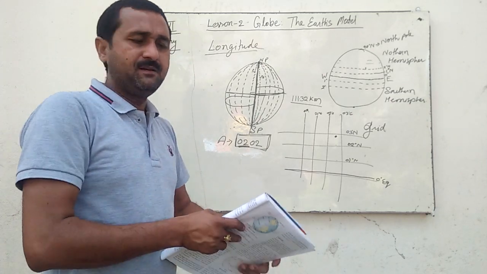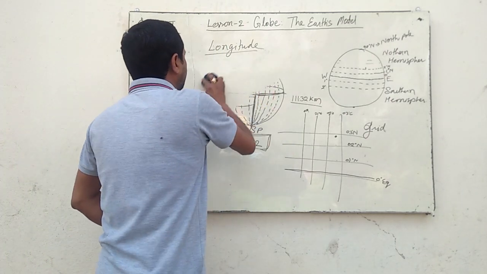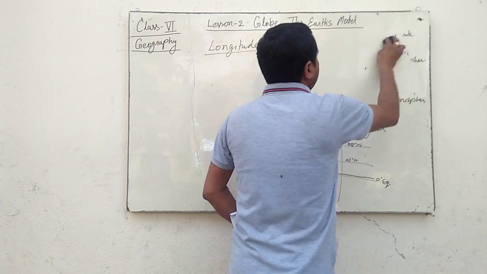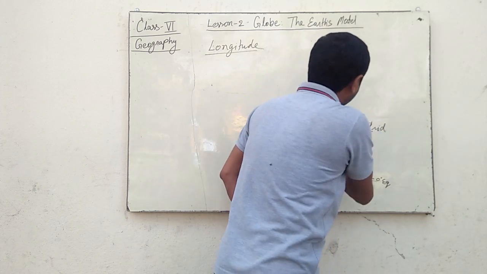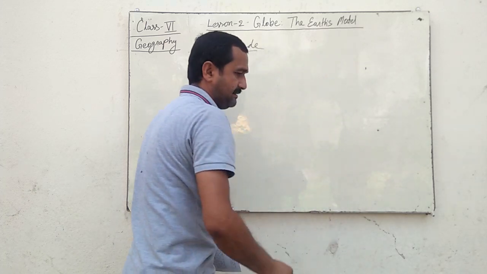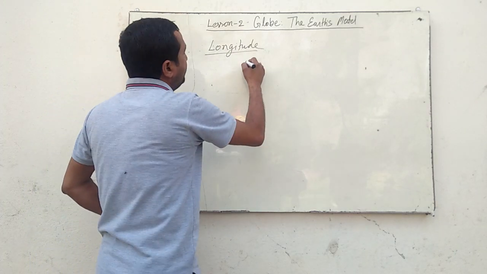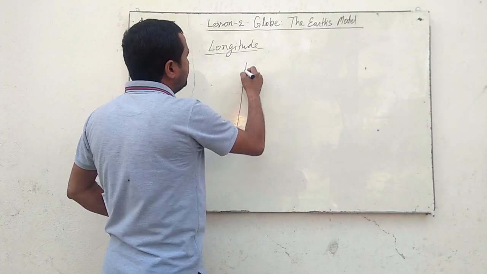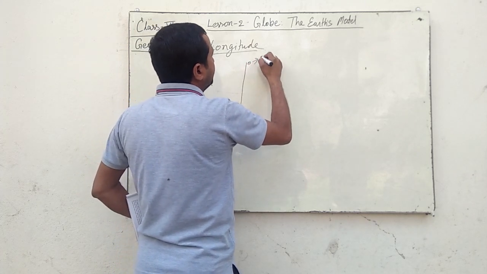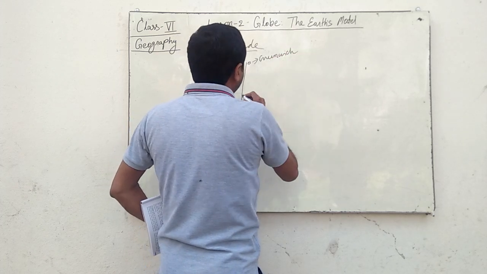Next, moving on to the new topic, I will discuss the 180 degree meridian. Children, as I have told you, this is the 0 degree meridian, which is at Greenwich.